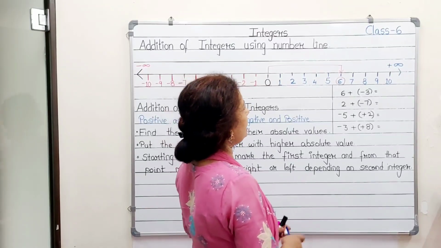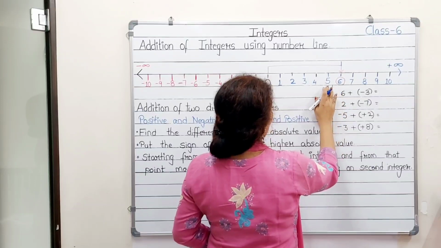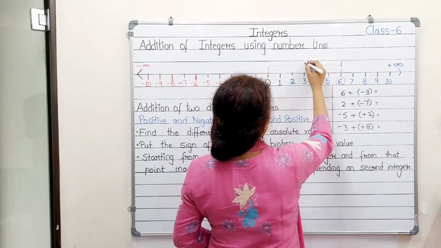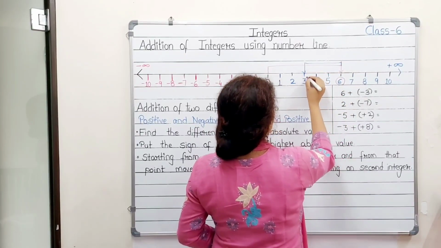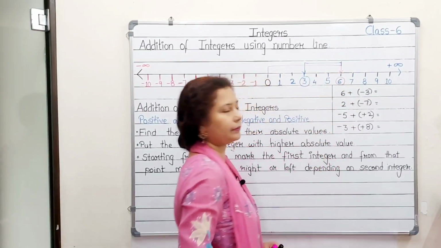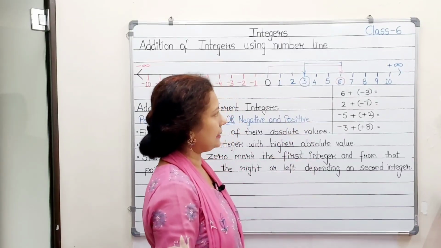From 6 we will move to the left, that is 1, 2, 3 units, and we will get the answer, that is positive 3.